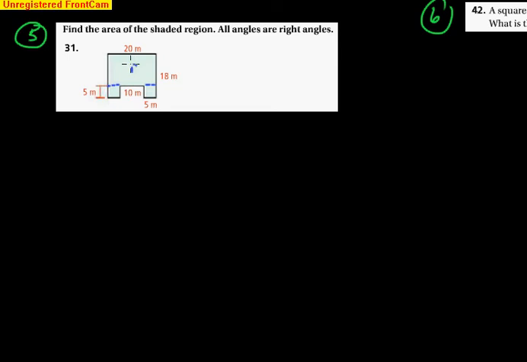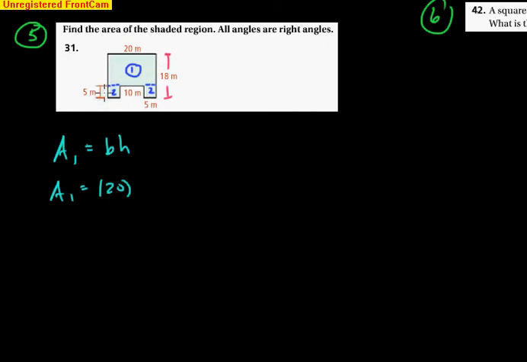One is here, and then these 2 are the same. So to find the area of the first one, area of 1, that's just a rectangle, base times height. Now, this 20 is the base. But see this 18? This 18 goes all the way across. So that's not the height that we use.